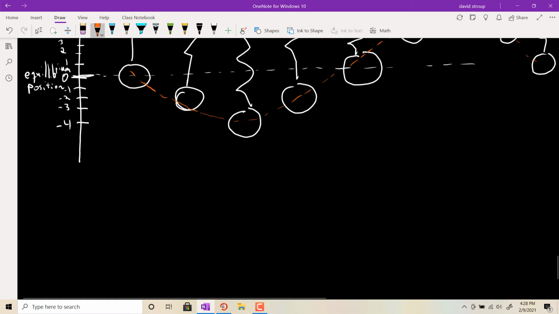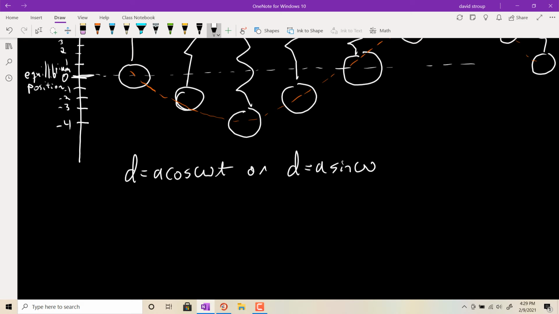So our mathematical models for simple harmonic motion at this point will be displacement d equals the amplitude a times cosine of omega times t, or you can use the sine version, a sine of omega t.